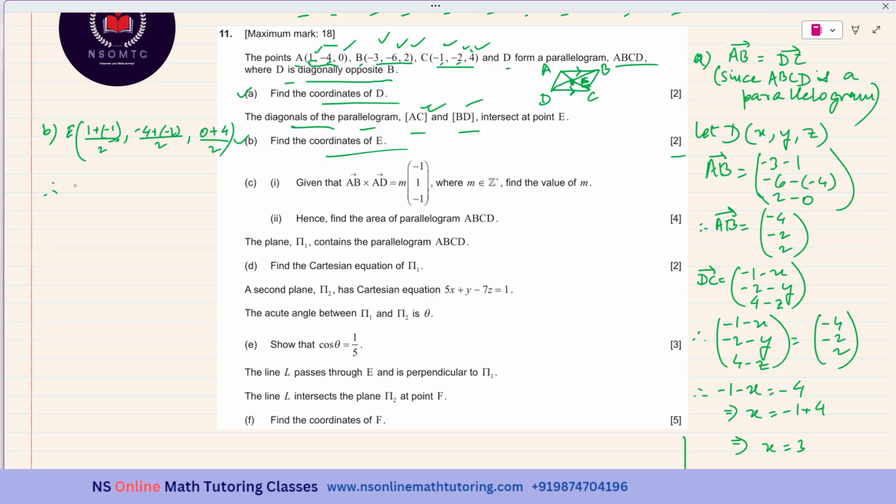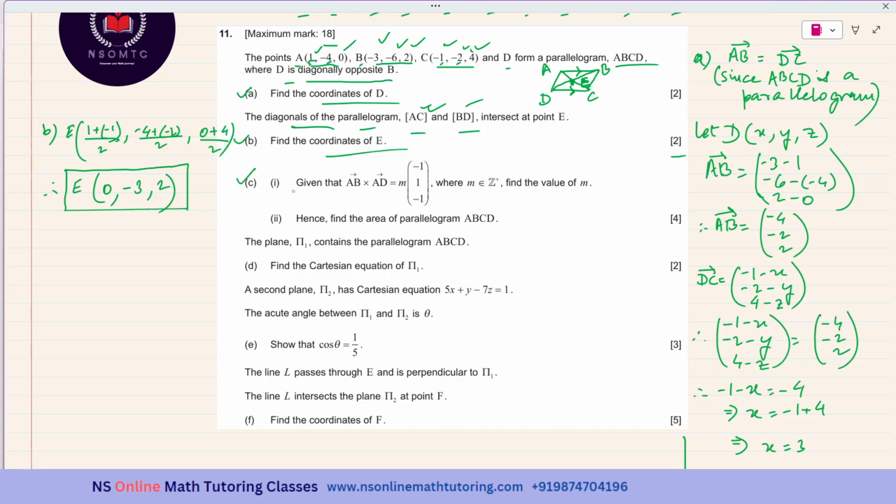So therefore E: 1 minus 1 is 0, -4 minus 2 is -6 over 2 is -3, and 4 over 2 is 2. So these are the coordinates of the point E.